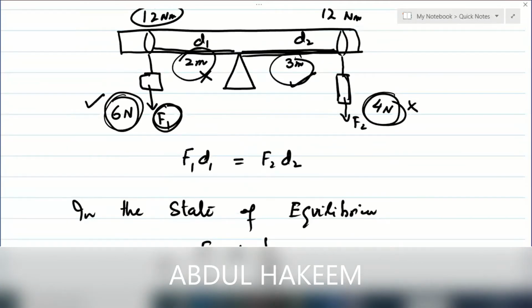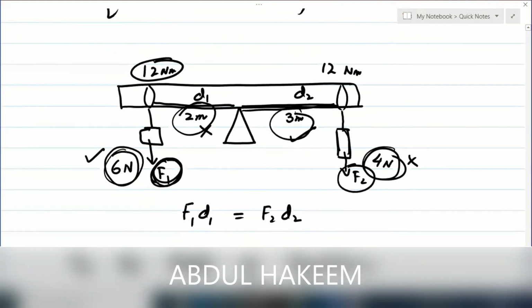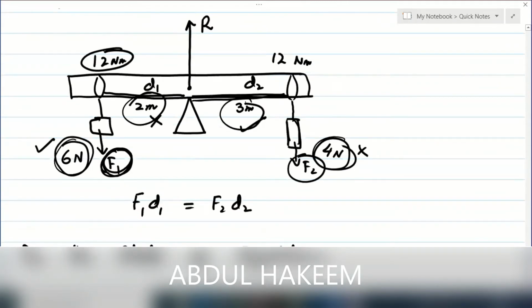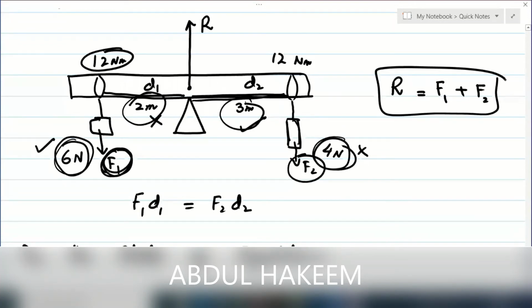And number two, this force F1, this force F2, both are parallel to each other. So here is a third force which is acting up, which is the reaction of the pivot. When forces are parallel, in equilibrium, then the sum of upward forces must be equal to the sum of downward forces. Mean this is 6 Newton, this is 4 Newton, so this must be 10 Newton to balance this.